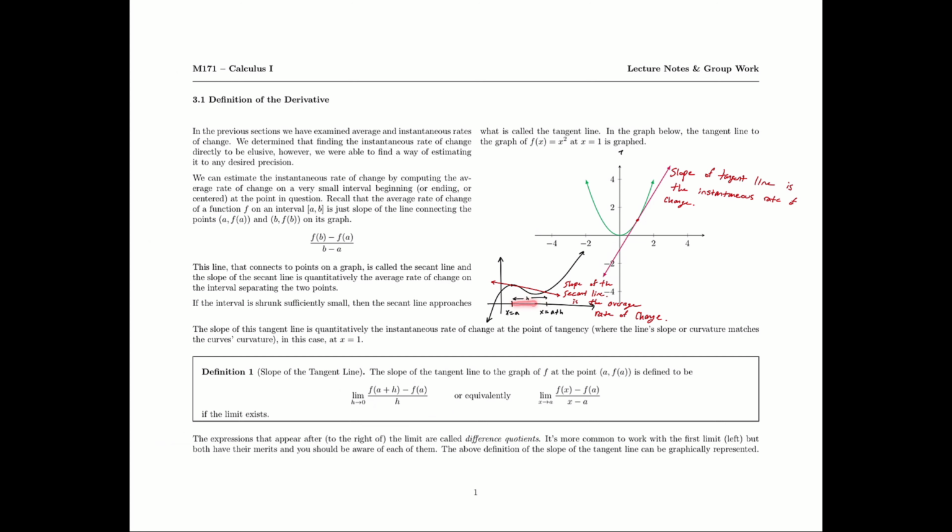That means this point at x equals a plus h is going to move closer and closer towards the point on the graph at x equals a. And we're going to get these varying secant lines, and the slopes of these secant lines are all going to change. And as that point gets closer and closer, it's going to approach this slope here, which is the tangent line.